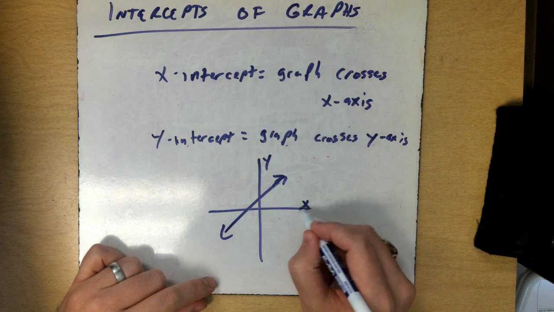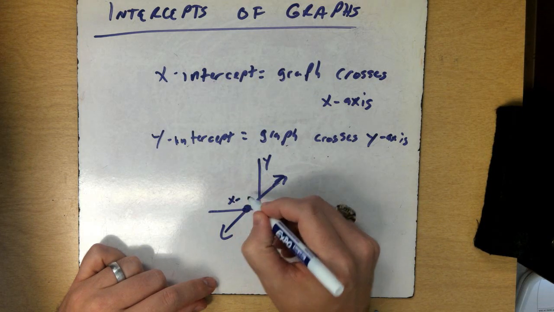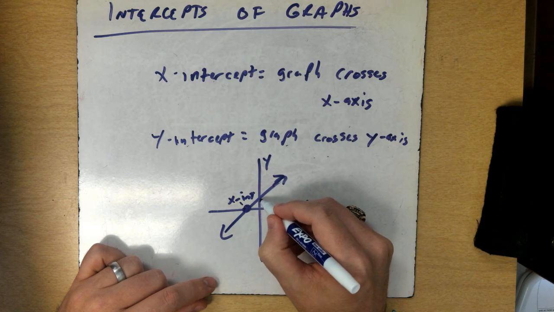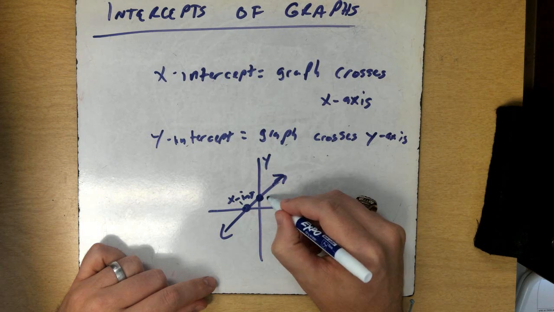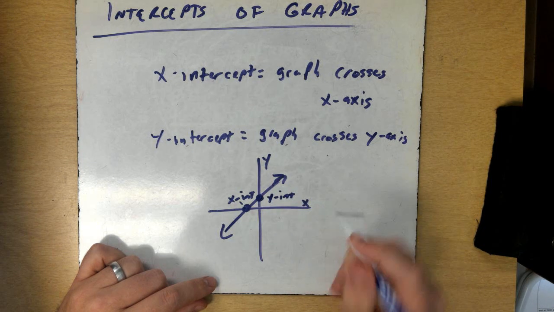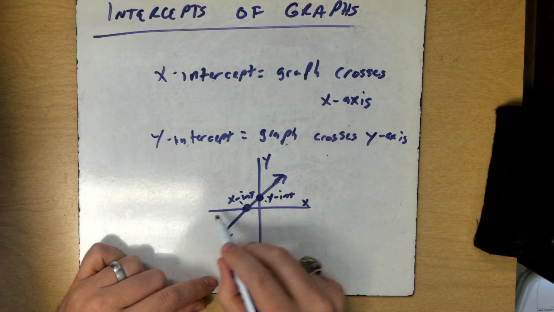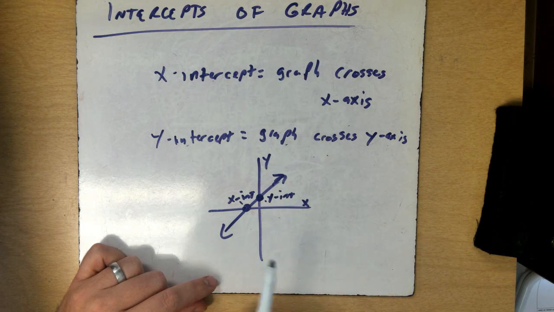So where it crosses our x-axis here is at this point. This is our x-intercept. And our y-intercept is where it crosses the y here. So our x-intercept is this one, where it crosses the x, and our y-intercept is here, where it crosses the y. That's what we're talking about here.